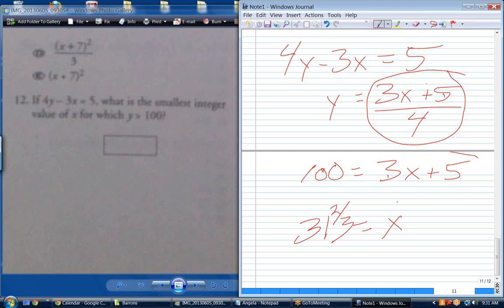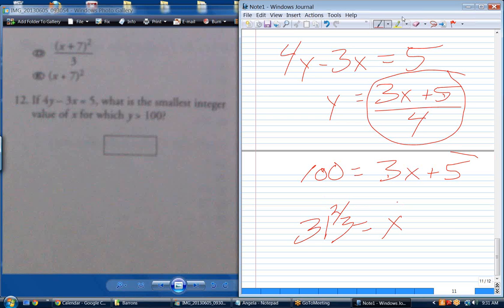Now, that's not always the case. If this was a 5 minus 3x, then if I increase x, I'm going to decrease y. So it's important to understand that you have a situation here where as x goes up, y goes up also.